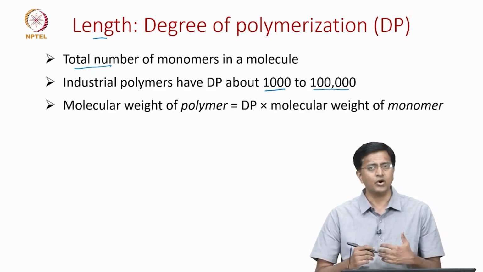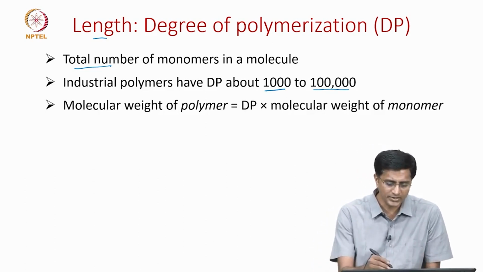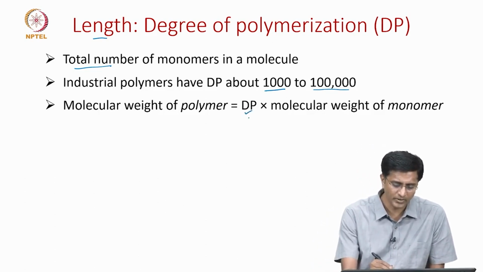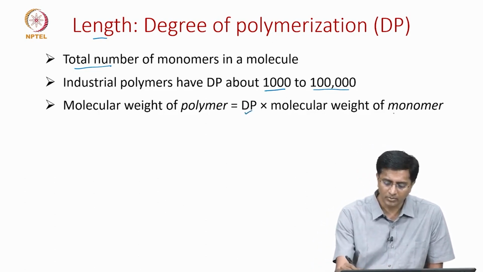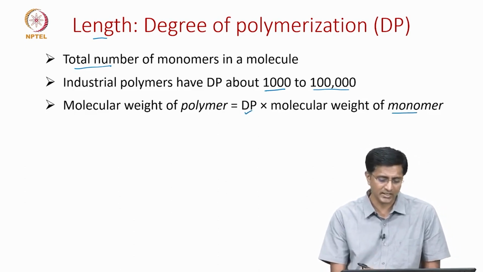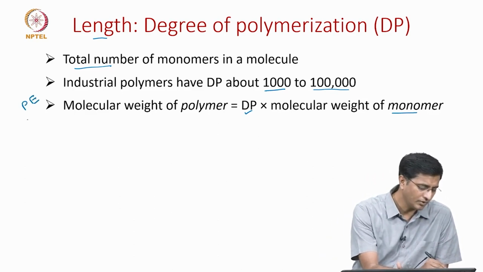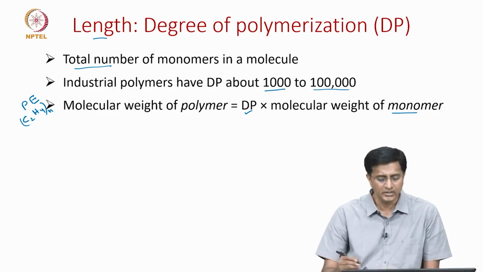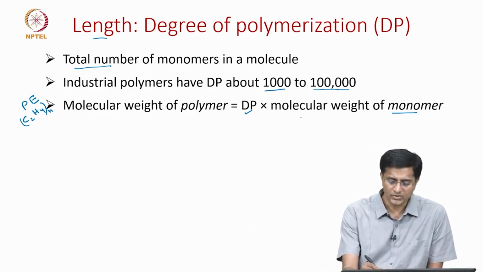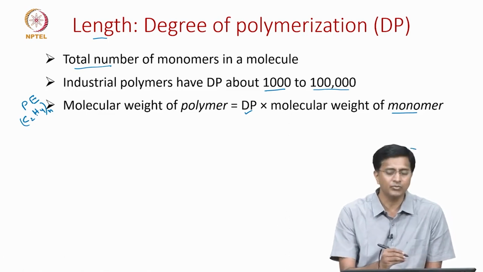So now let us see how we discuss the molecular weight of a polymer. Usually it is given as degree of polymerization times the molecular weight of a monomer. Let us see this with an example. If you are considering polyethylene, where it is (C2H4)n, where n is the number of monomers, it is dP times the molecular weight of the monomer. What is the molecular weight of the ethylene monomer?